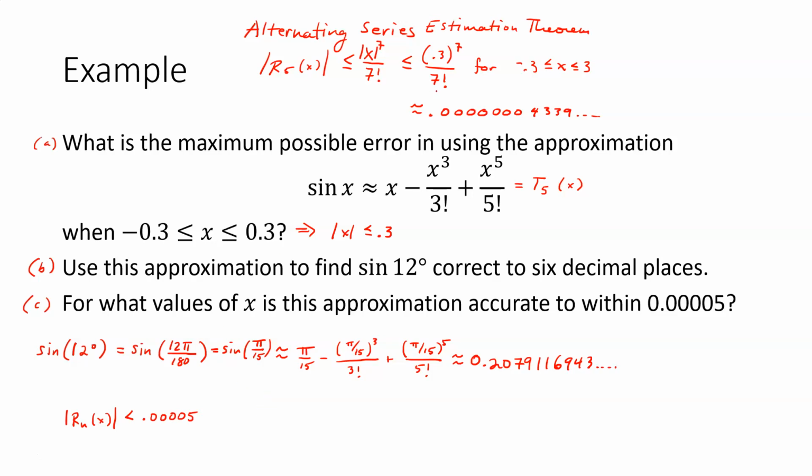Which we can now go back here to our error bound that we got using the alternating series estimation theorem. So let's use that here. So we know that here Rn will be less than or equal to the absolute value of x to the 7th over 7 factorial. And we can just now find x for which this is going to be less than that desired error.